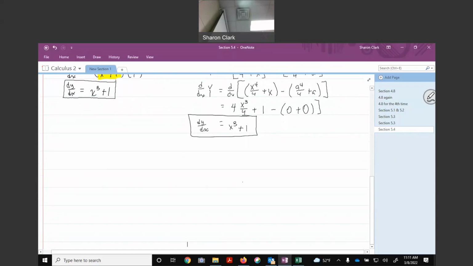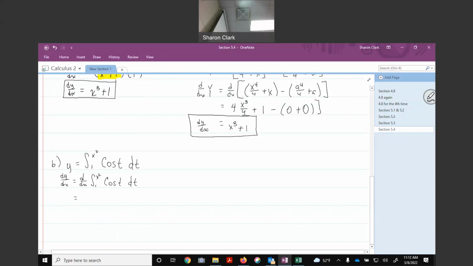All right, let's look at the second one. We're going to do y equals the integral from 1 to x squared of cosine t dt. Okay, so now we're going to take the derivative of both sides. So dy dx equals d dx, the integral from 1 to x squared, cosine t dt.